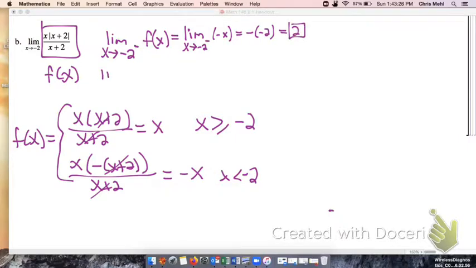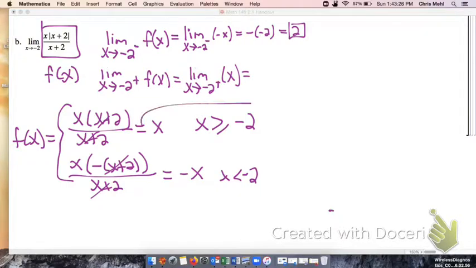But if you look at the limit as x approaches -2 from the right of f of x, f of x is just the same as positive x in that case. If you're approaching -2 from the right, you're in this situation. And now that x is a polynomial, you just plug -2 in. That becomes the right-hand limit.